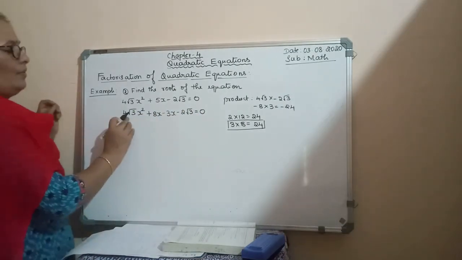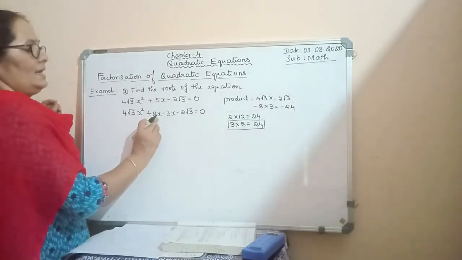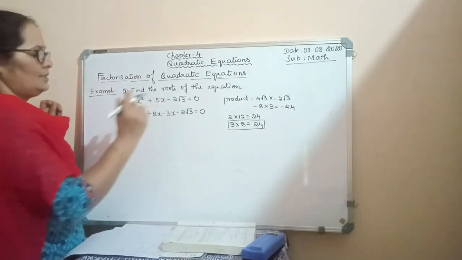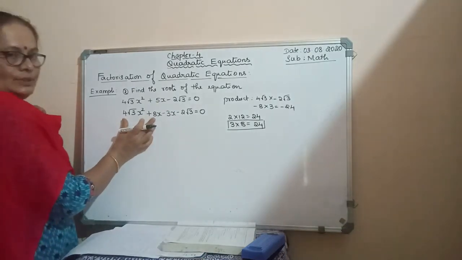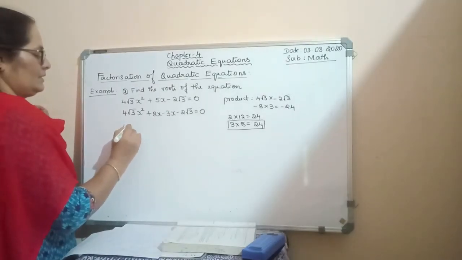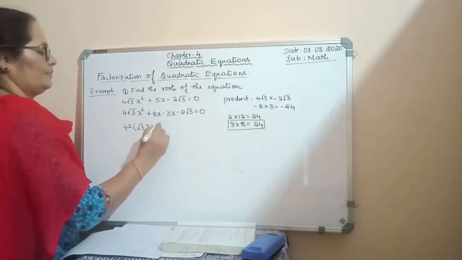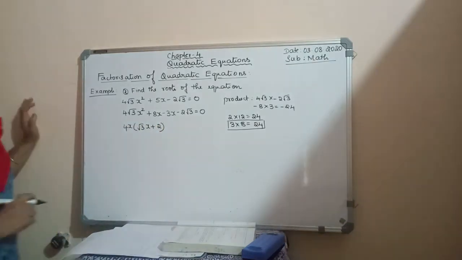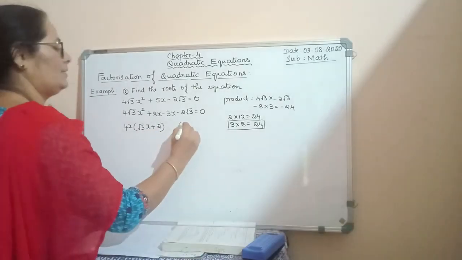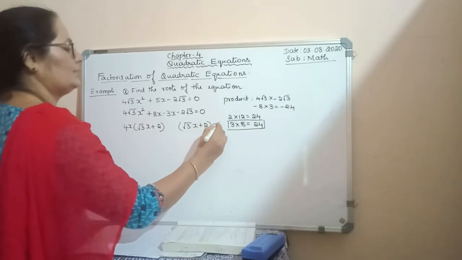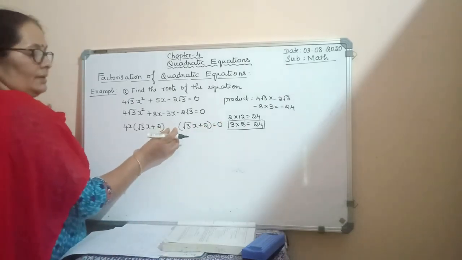Now 4 root 3x square, 8x minus 3x is plus 5x, minus 2 root 3. Now in these two terms take common, 4x is common. So root 3x plus 2. Then similarly here also the same factor will be root 3x plus 2. Then what is the common factor for these two?